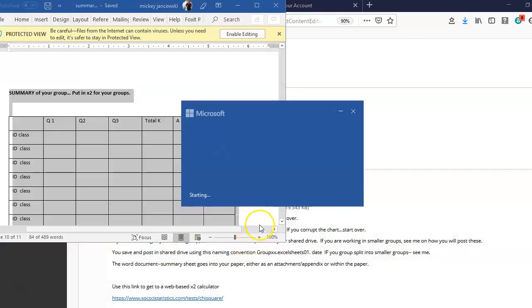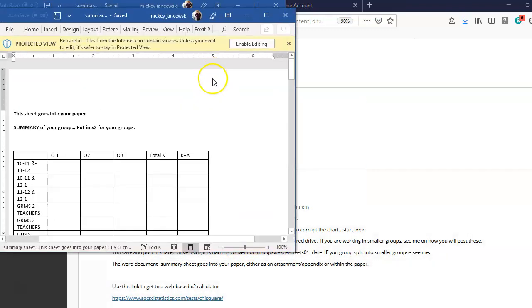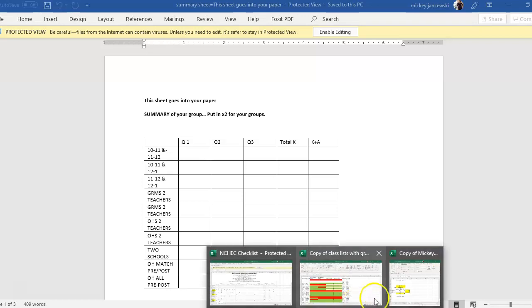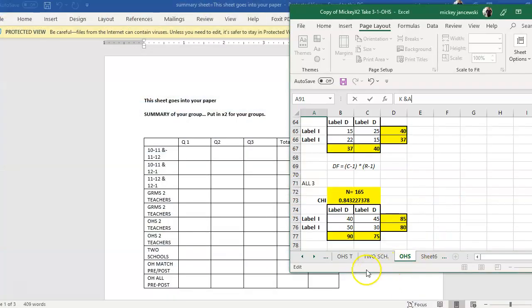So what you're going to do is you're going to put your chi-square scores in here. If you can tell if they're going in the right direction, that would be green. If they're normal, they stay the same, that's yellow. And if the scores get worse from pre to post test, it would be red. So in here, you're going to take the information from your chi-square charts.